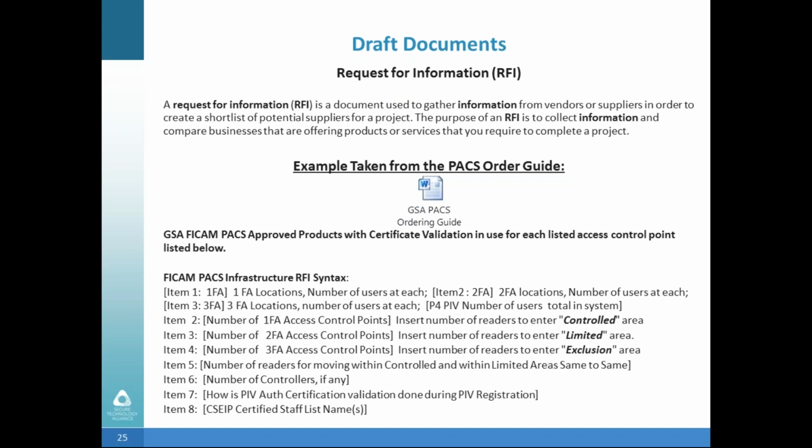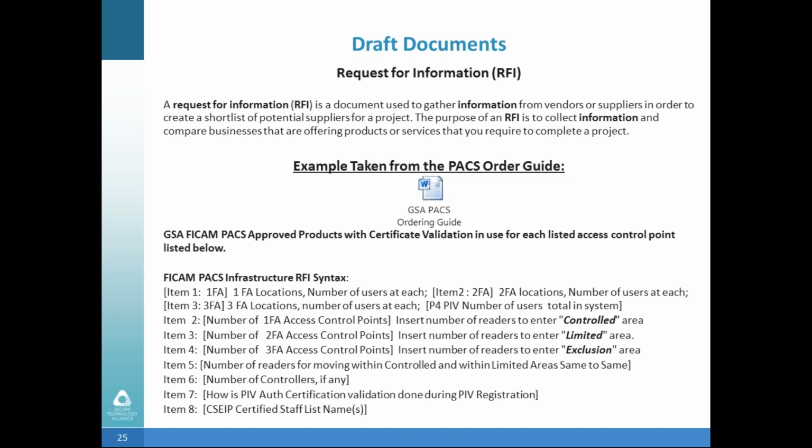So the syntax that's here below the PACS ordering guide is basically a template that can be presented from a buyer to the contractors, which would lay out their recommendation based on what the buyer's need is for a system. The items that are there in parentheses right now could actually be replaced with the actual offering specific products that the contractor intends to present as part of the response.